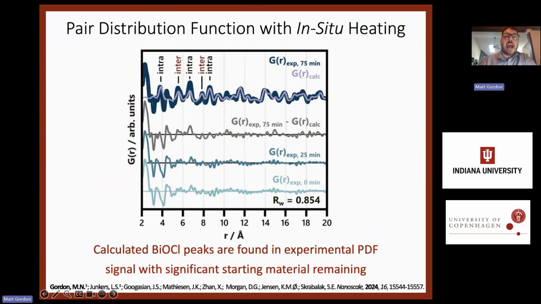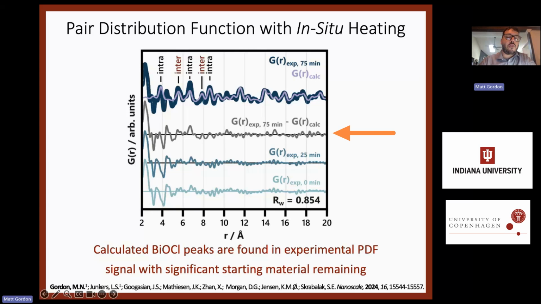We also then looked at the very end of our heating, comparing our experimental pair distribution function with our calculated pair distribution function. You'll notice that at the longer distances, the match turns out to be a lot better. And so we took a difference between our experimental and our calculated value that's shown here in gray.